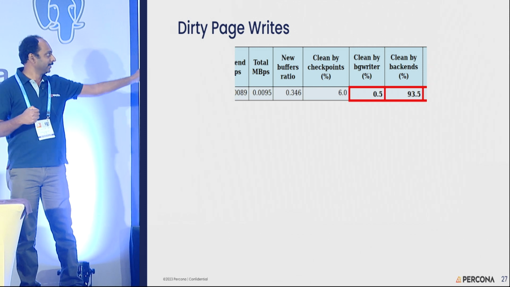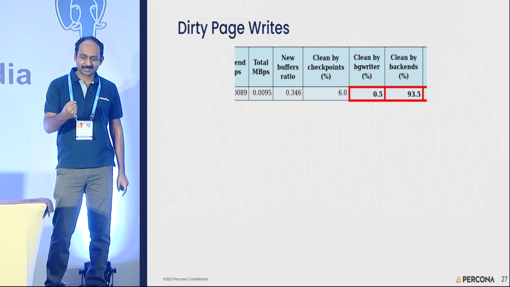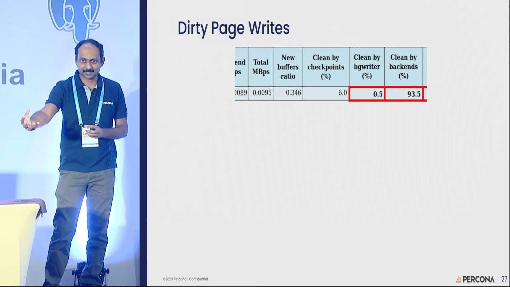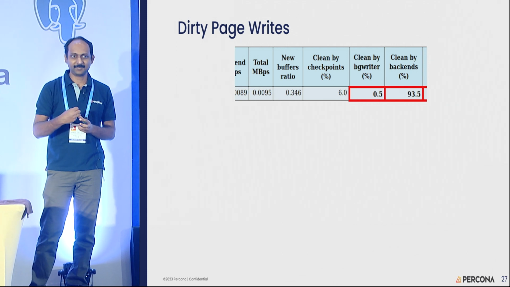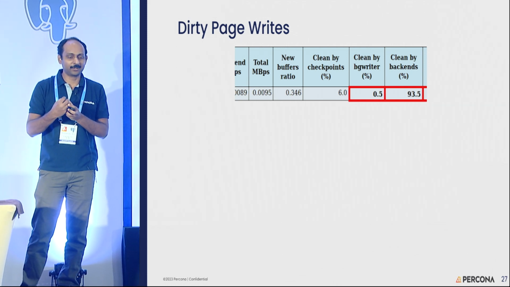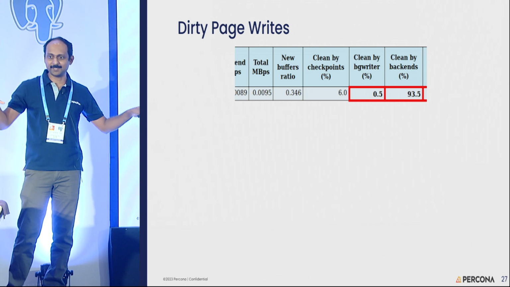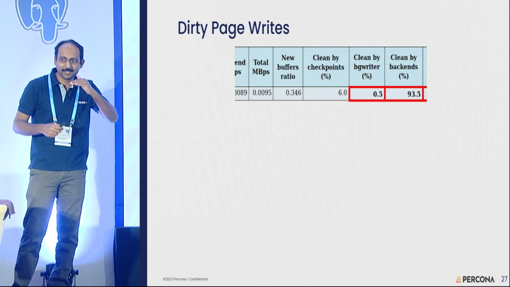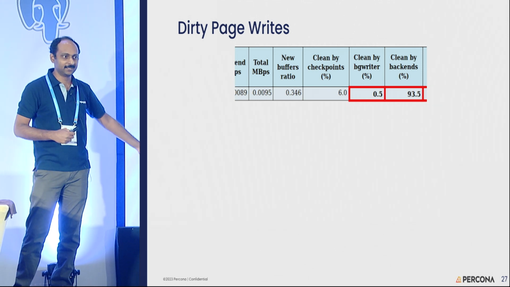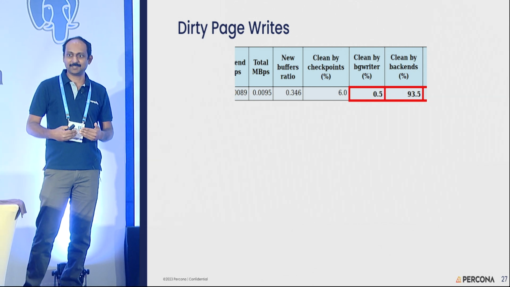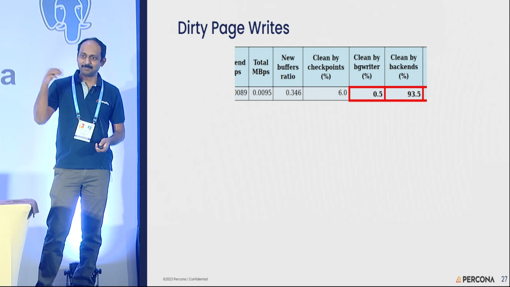The user session needs to bring new pages from disk to memory, and the user sessions are not able to see free space in the memory, so they need to clean up the pages first and place its pages. So first clean up, then place it.